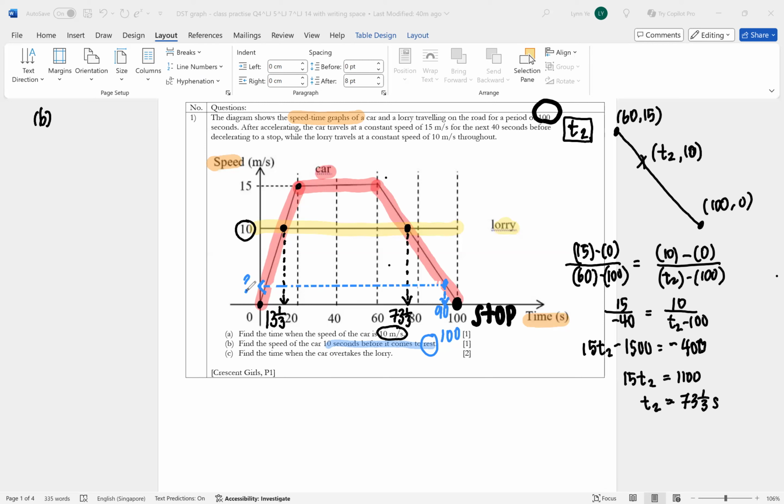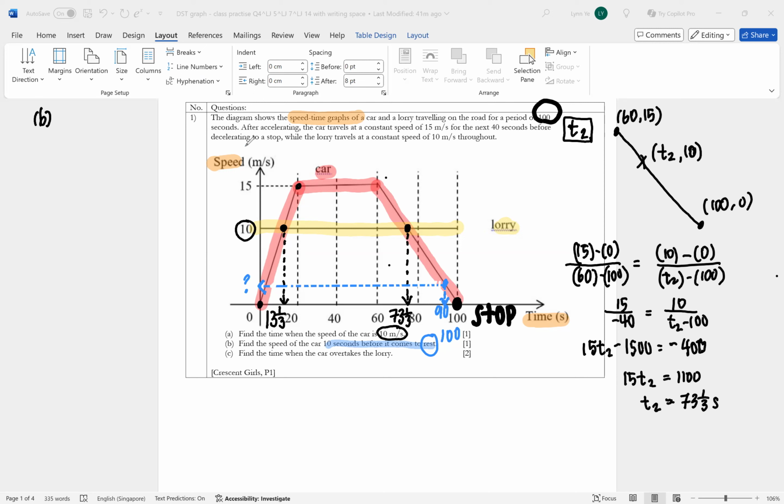So you know roughly, to see whether your answer is correct or wrong, your answer must be around how much? If you roughly look at it, you know that your answer must definitely be less than 5, or a definite one is less than what? If you use the numbers here, less than 10 for sure. So if you get more than 10, it's wrong. If you get a negative number, also wrong, because speed can never be a negative number.